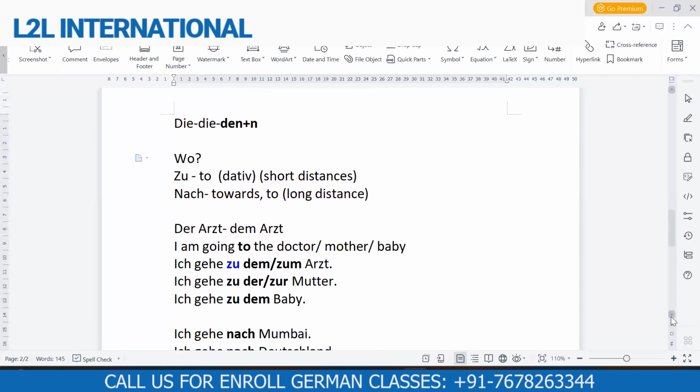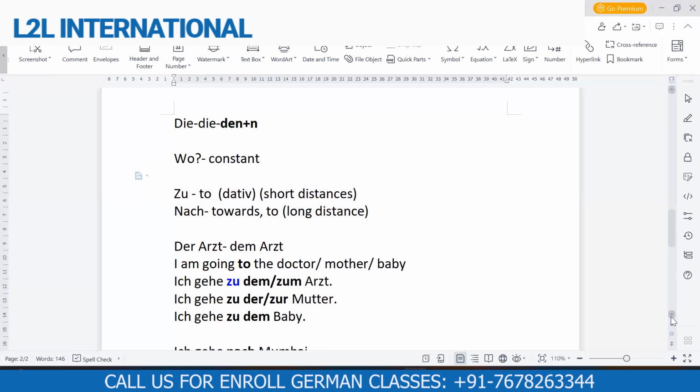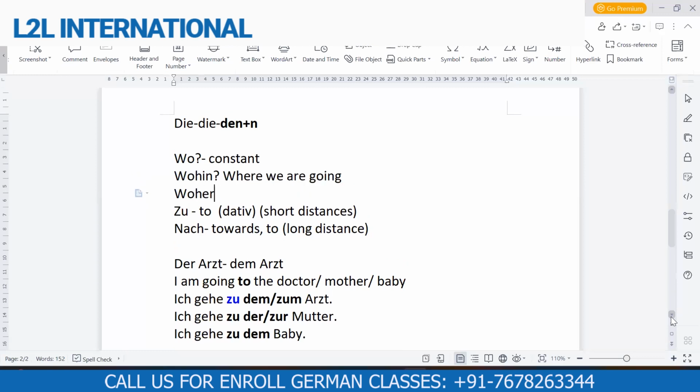Wo is positional. It's a constant position, when we are somewhere. Wohin tells about where we are going, right? And then the other one is woher, that tells us from where we are coming.